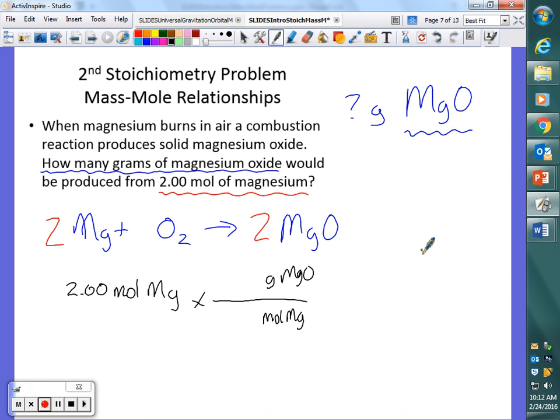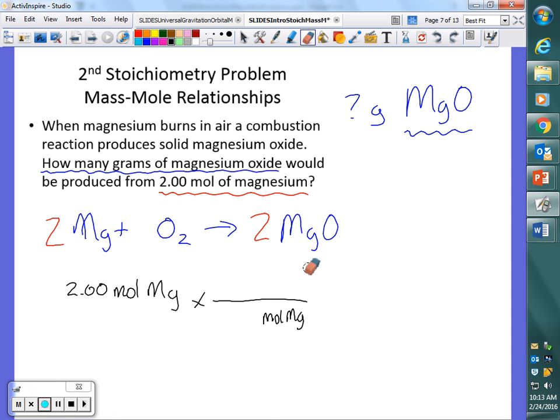But the molar mass relates converting 1 mole of something to grams of that same substance. Can we go from moles of one thing to grams of something else? That's not a valid conversion factor, right? So, we can't build this conversion factor. We can't have moles of one thing on one part of the conversion factor and grams of something else.